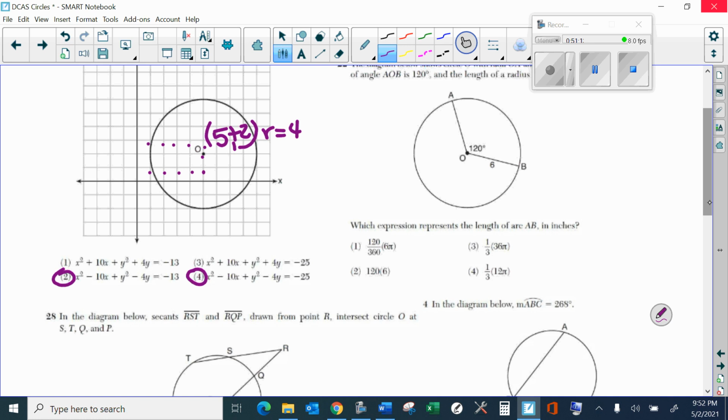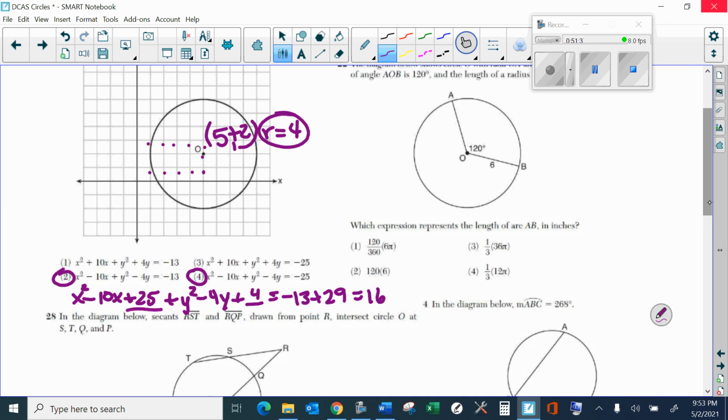Let's complete the square. Add it across. So it's going to be x squared minus 10x plus 25. That was the extra. y squared minus 4y plus 4. That's the extra. Equals negative 13 plus 29. 29 minus 13 is 16. So it has a radius of 4.